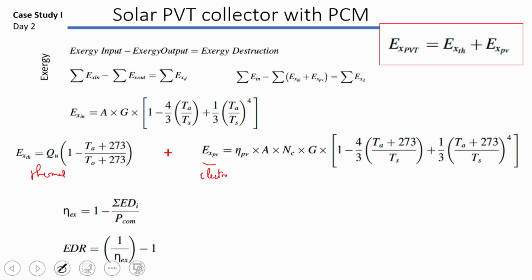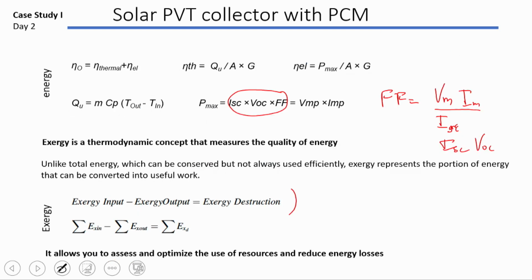So for thermal, here Q is energy, Q equals m dot Cp, so mass flow rate.